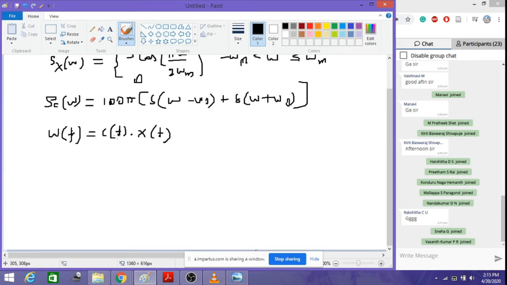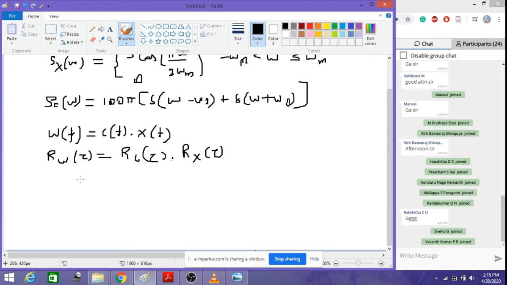Here it is a random process. So in the time domain, it is represented in terms of the autocorrelation function: R_W of tau equals R_C of tau into R_X of tau.